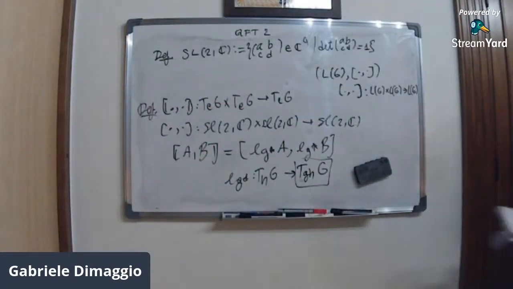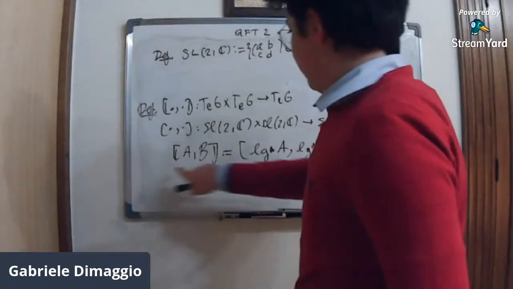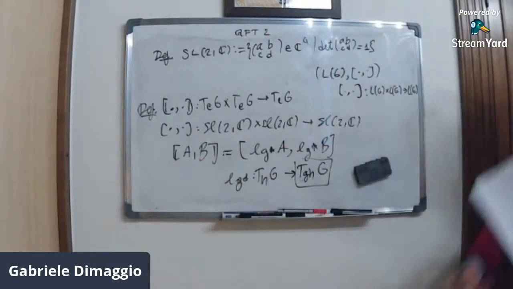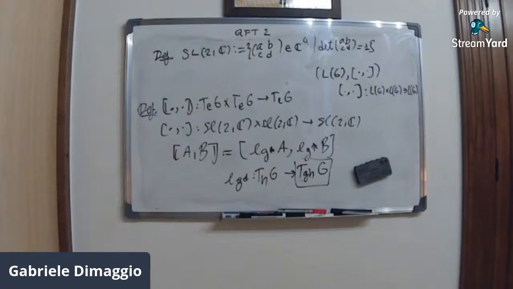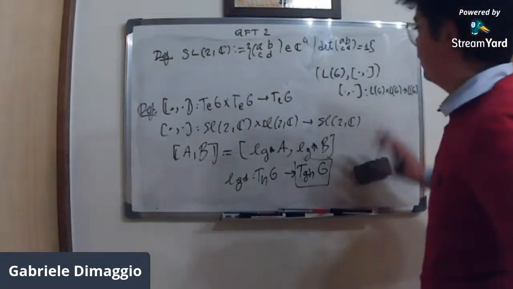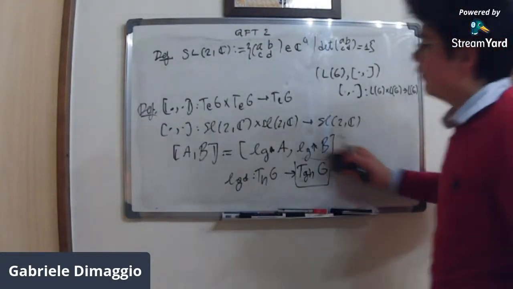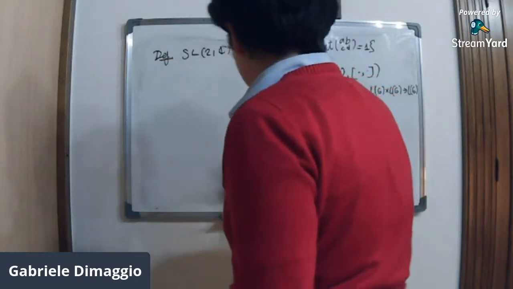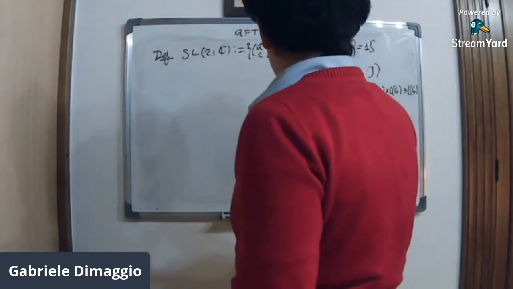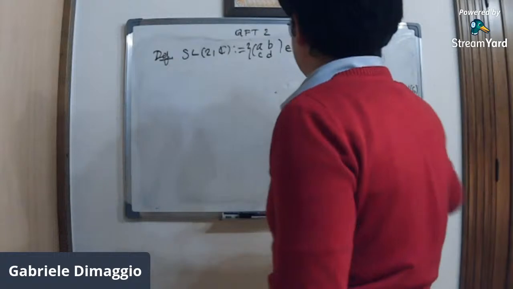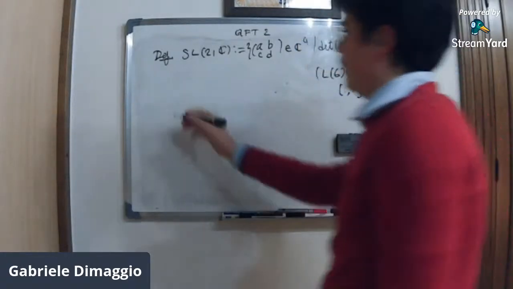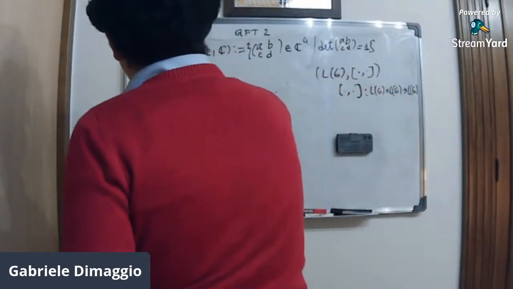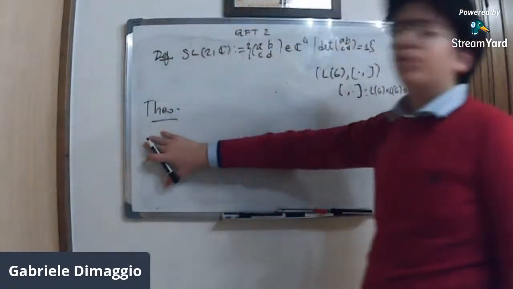Perfect. So this is the way to define this commutator. Now, another particular thing is this: I have a theorem that says that there exists an isomorphism, and you can show this too.